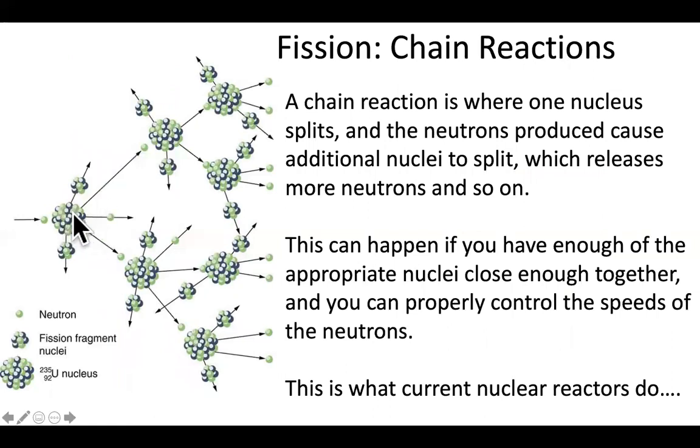If you have one of these highly unstable nuclei that react to neutrons in this way, the most famous example is uranium-235. It's a specific type of uranium that does this. If you have a uranium-235 nucleus and a few others nearby, when a neutron comes in, it hits this, that nucleus splits apart and releases more neutrons.